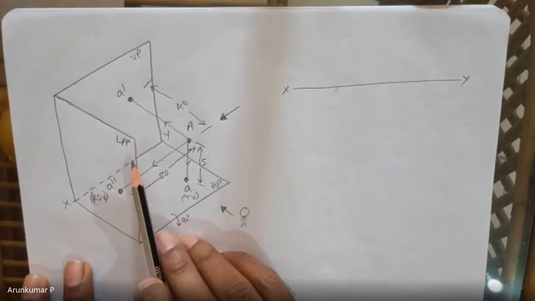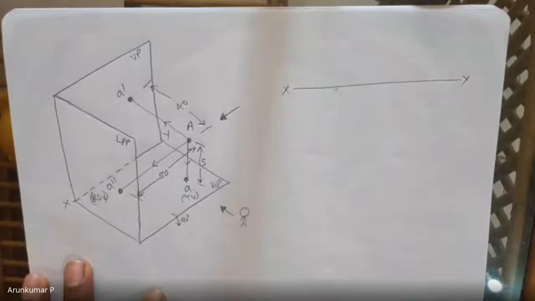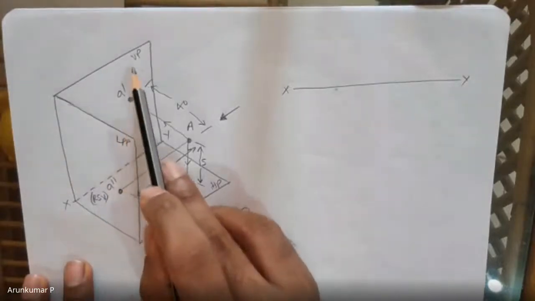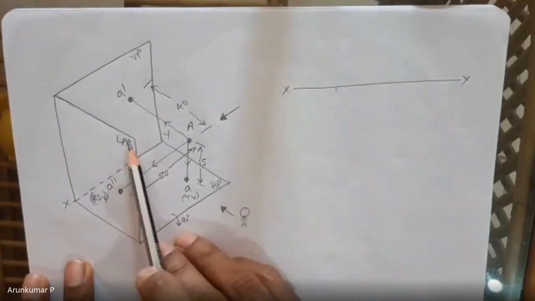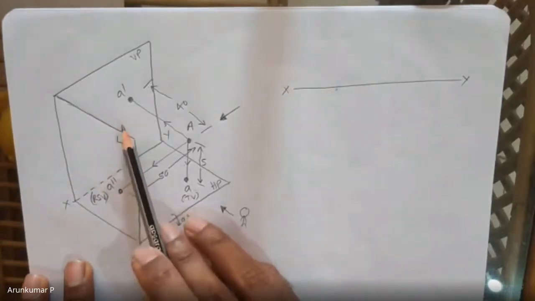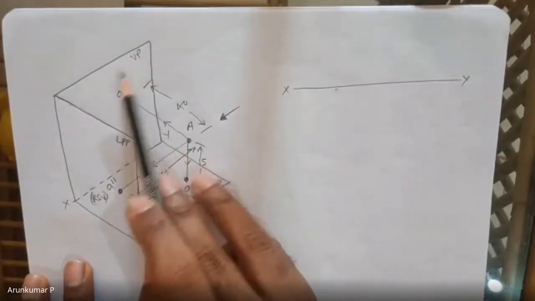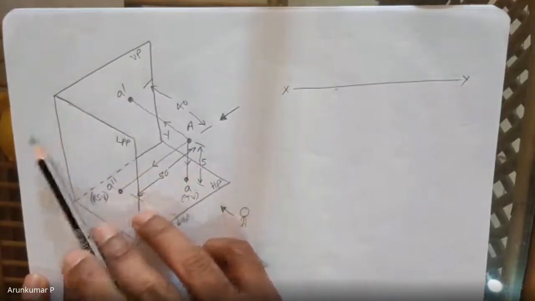In which direction, by how much are you going to rotate so that it comes and rests beside the vertical plane?